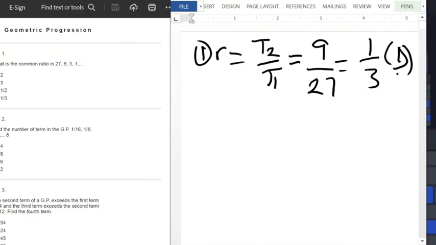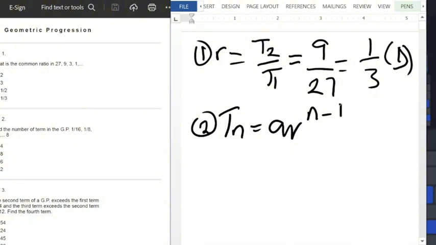On the second question, find the number of terms in the GP 1 over 16, 1 over 8, 1 over 4, and so on, up to 8. Here we are looking for the number of terms. The nth term formula of the GP is Tn equals AR raised to the power n minus 1, where the nth term Tn is given as 8.